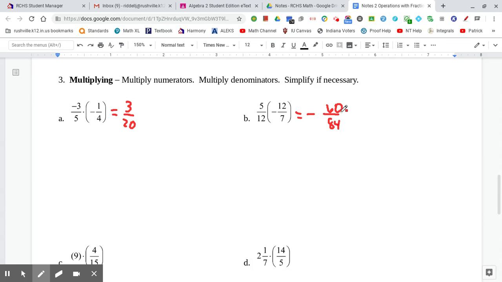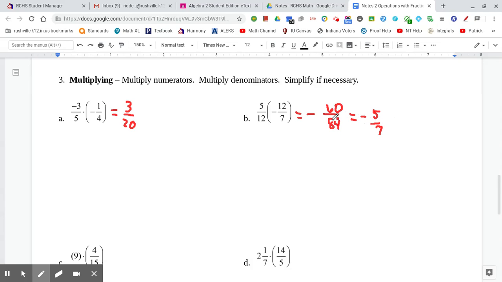What can I divide 60 and 84 by? Well, I know that they both are divisible by 12. So 60 divided by 12 is going to give me 5, and 84 divided by 12 is going to give me 7. That answer before was negative, so this fraction, when simplified, still has to be negative. So the final answer would be -5/7.